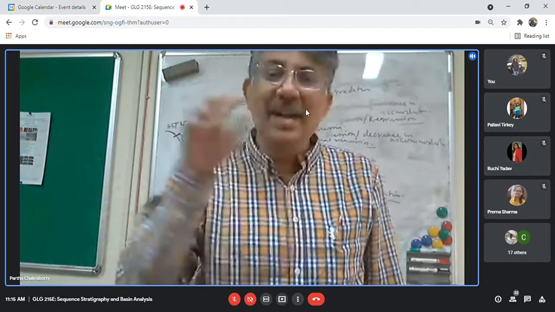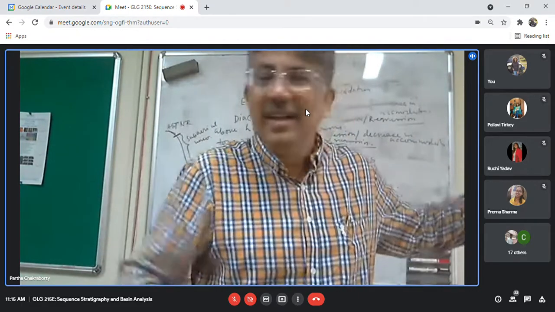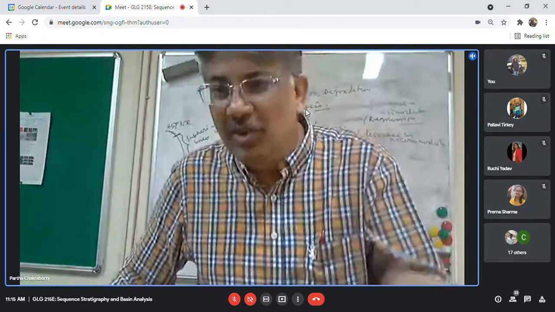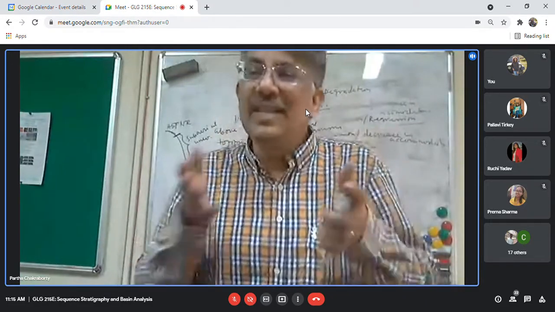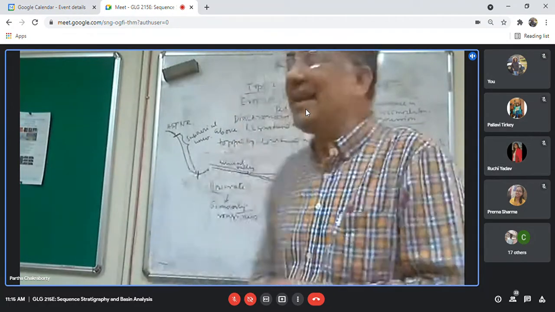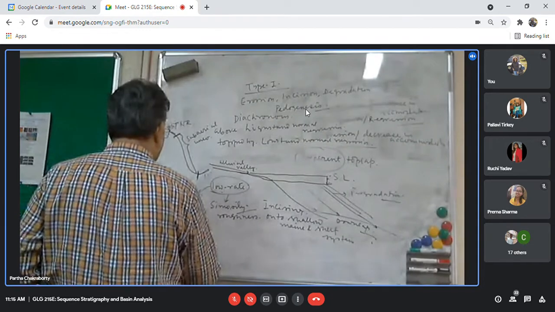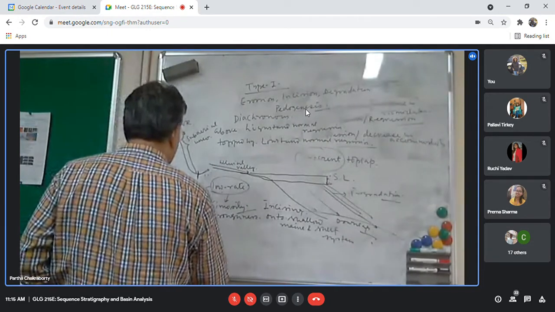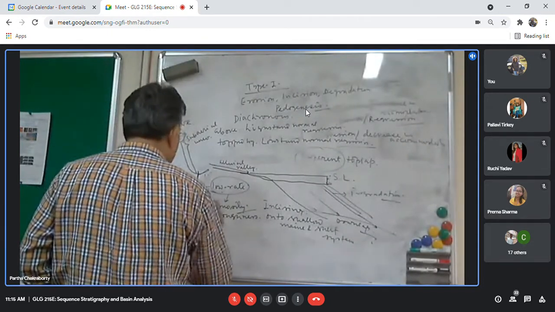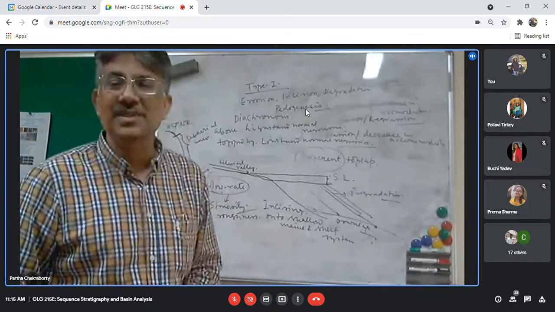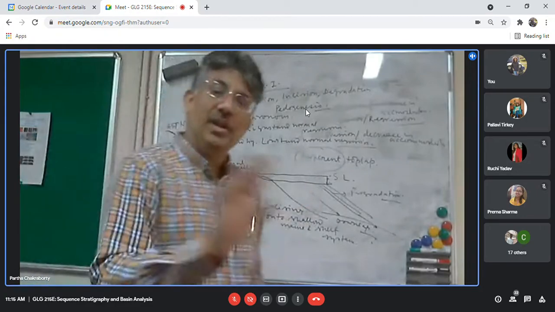And if that shelf gets exposed and a river encroaches onto the shelf, incising on the shelf, that kind of incision we refer to as incised valley. We call them incised valley. How incised valleys form, and what the field of incised valley is, we will discuss separately.